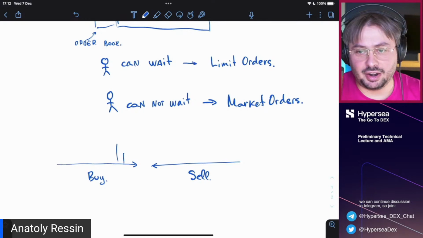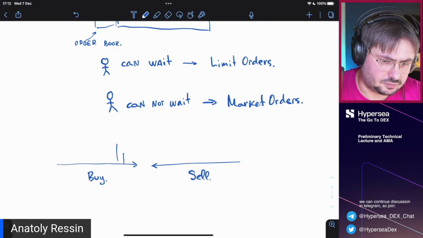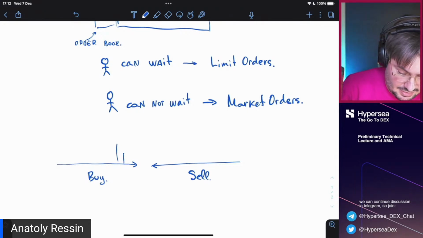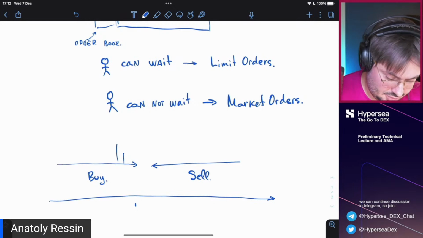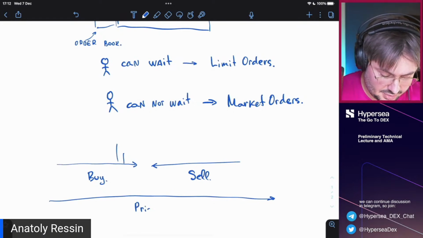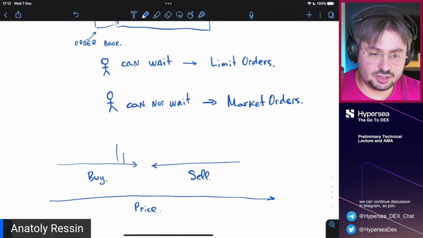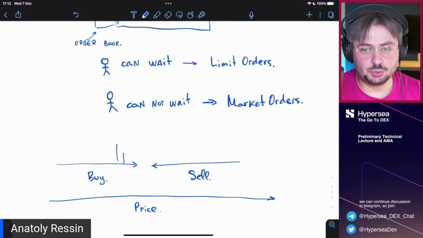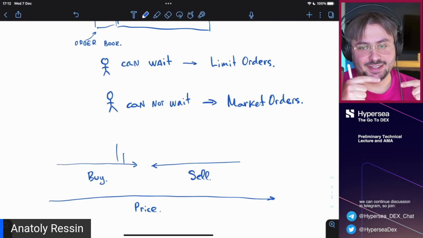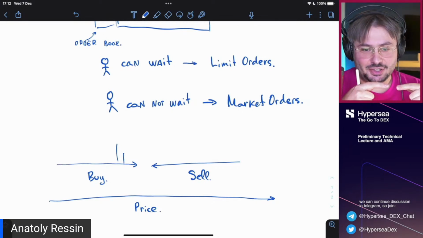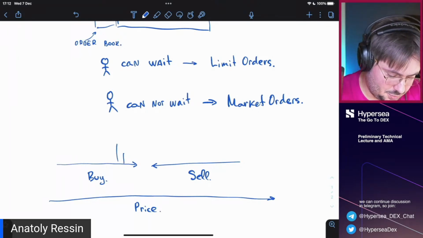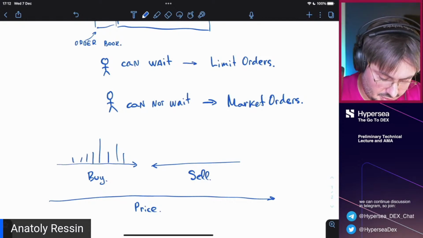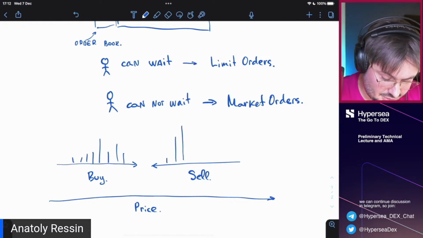So if you want to buy, and here, let's see, this is the price, this is the price range. And you have two queues that are looking at each other. So here are buy orders, and here are sell orders.